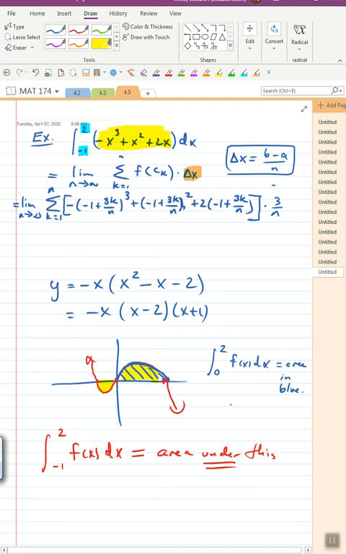Okay, now, what happens if I evaluate the integral from negative 1 to 0 of this function? Well, the important part is what? On that interval, all of your function values are negative. Everybody agree with that?